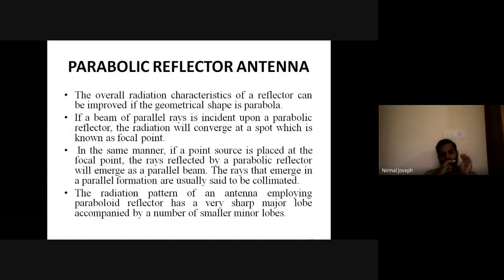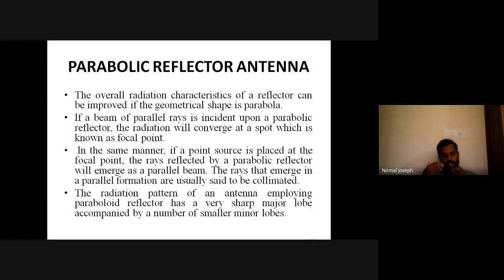All those waves will be concentrated at a particular focal point. We use this for reception also: suppose I place a parabolic antenna here, parallel rays come, they are incident upon it and converge to the focal point.